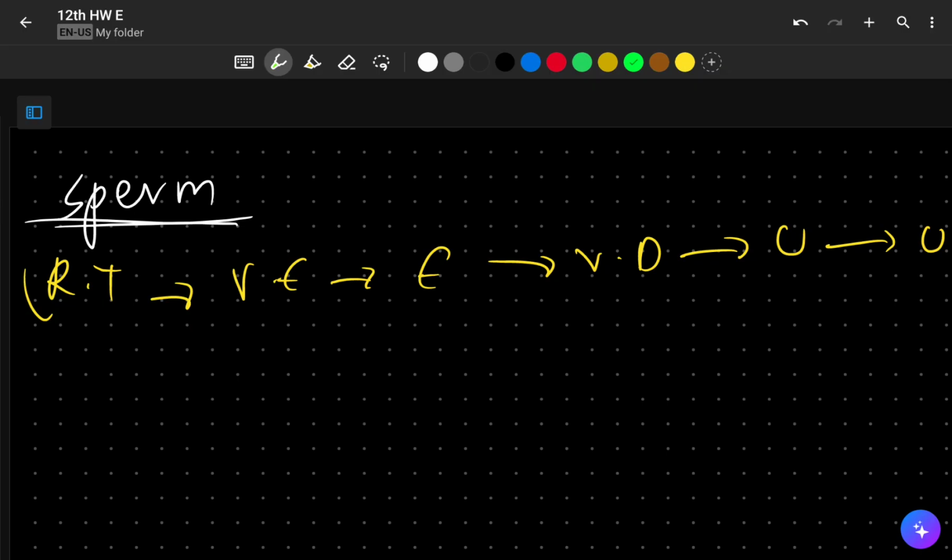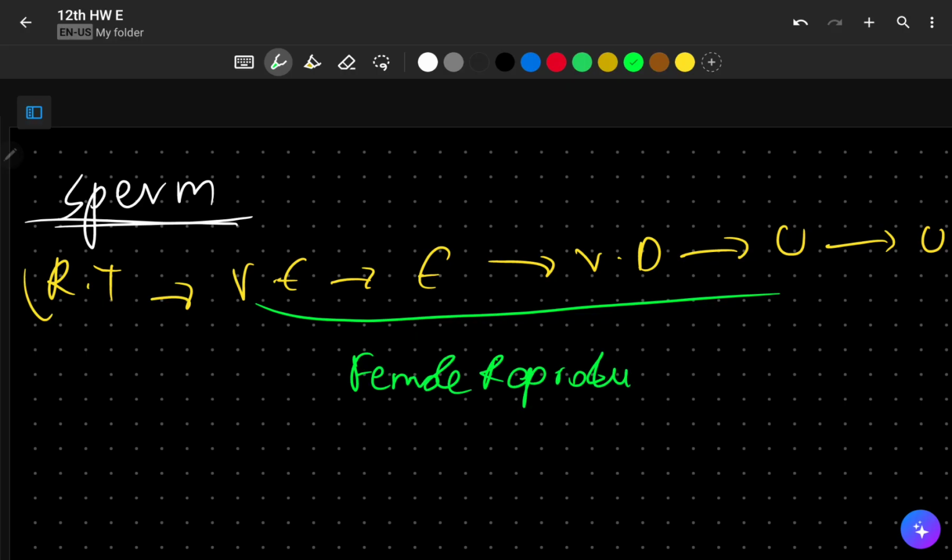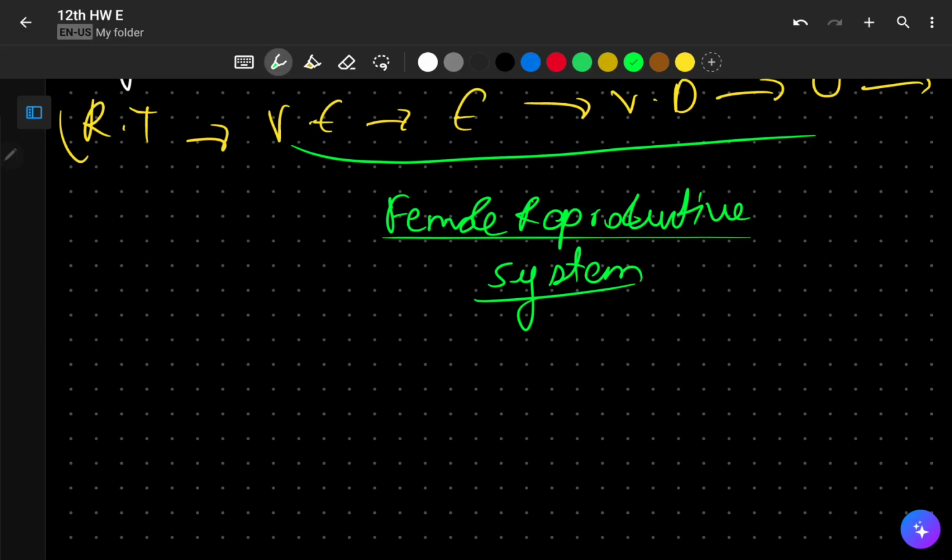So now let's jump towards the female reproductive system. Okay, so let's start with that. Now, unlike the male reproductive system where our body just continues to undergo mitosis and the male germ cell or the spermatocyte just continues to increase in number by mitosis, females do not have that liberty, as we can say.